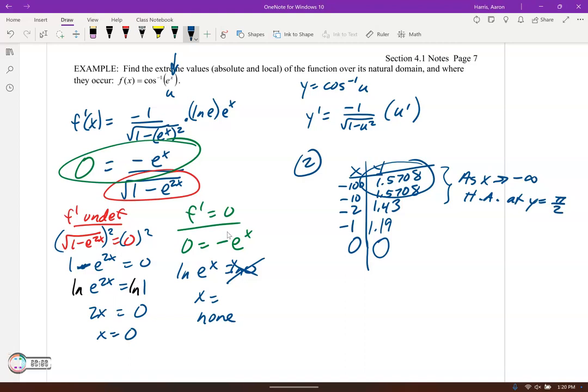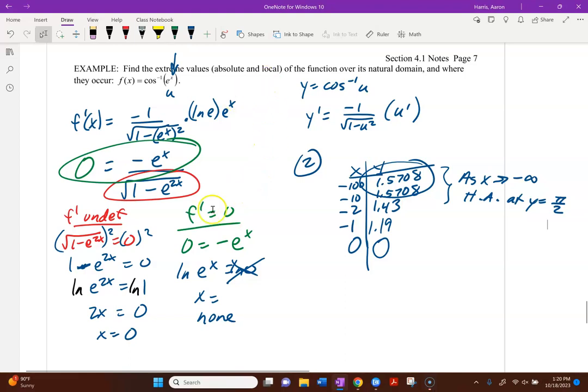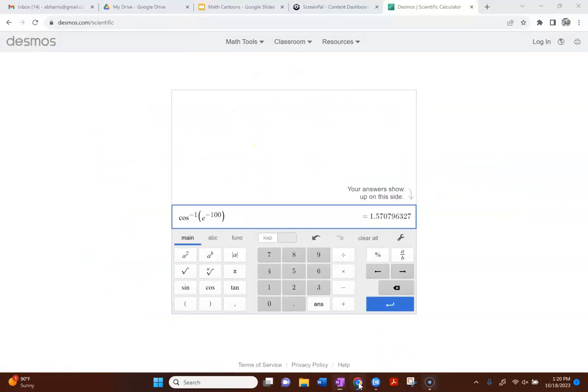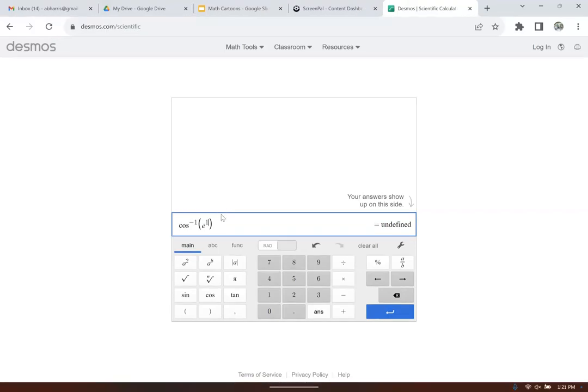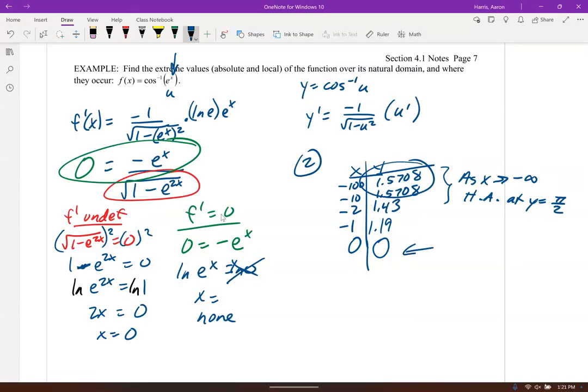Now the problem with punching in something bigger than 0 is that arc cosine is restricted. See how it's undefined if I go to the right of 0, so I can't even examine that. So I'm restricted right to there as my absolute min, because I can't go to the right.